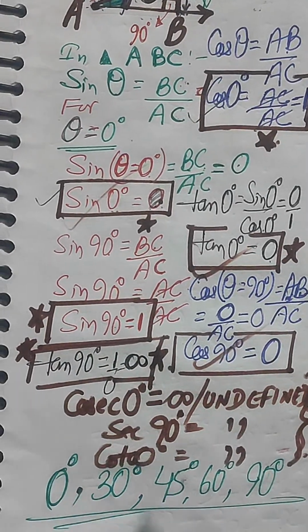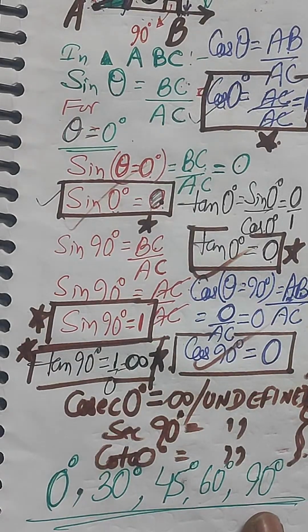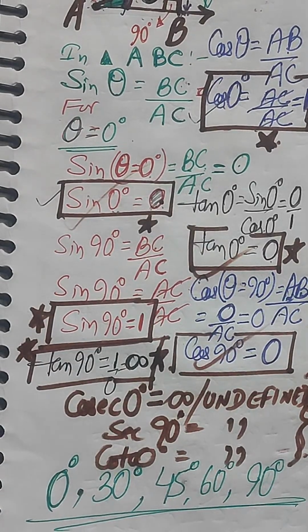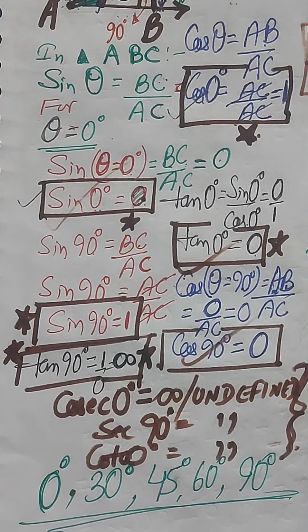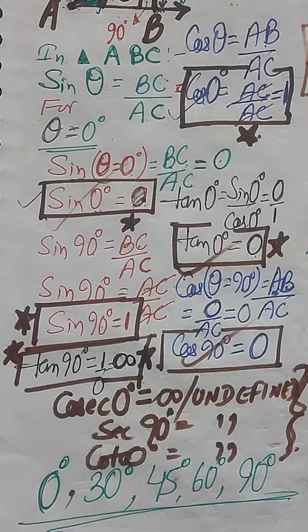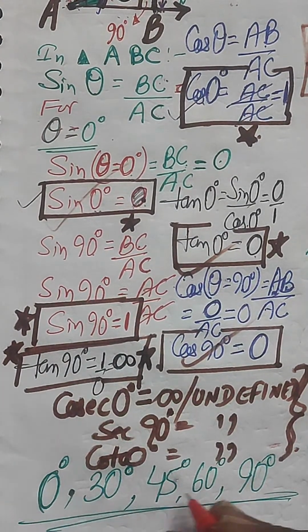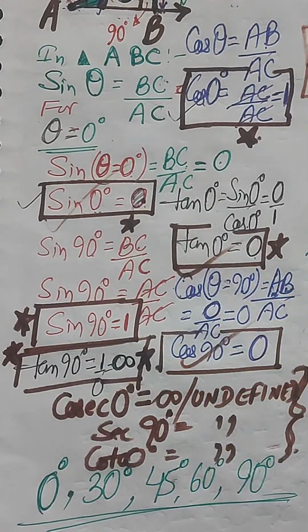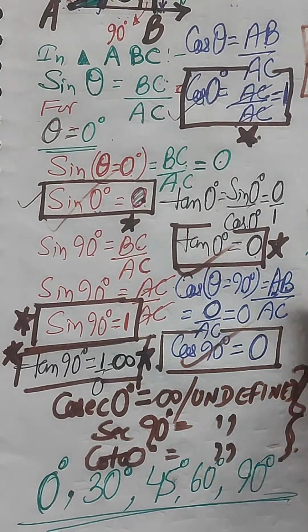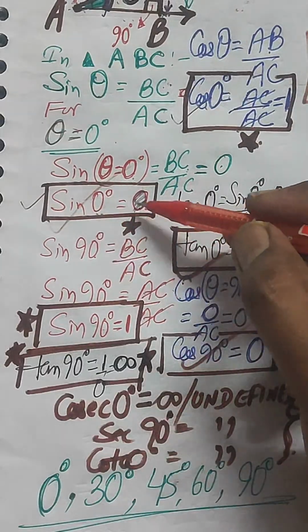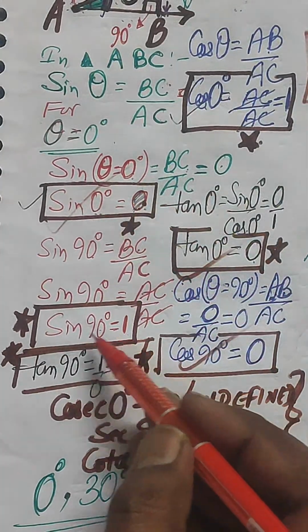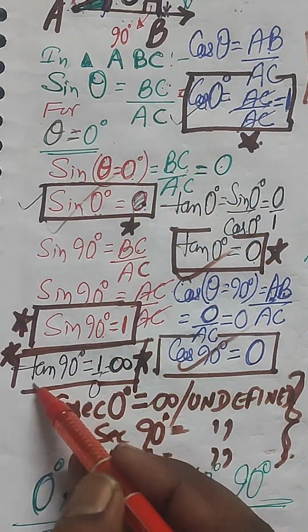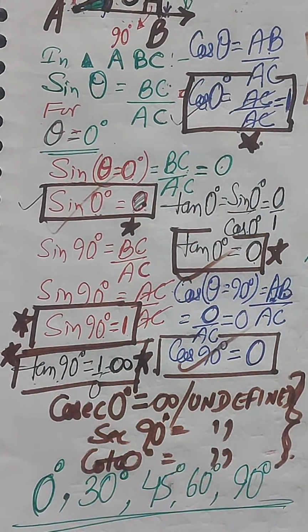Though most of us remember all these values, I've tried to explain how these values are coming. In today's session, I tried to explain how these different values come and why we use only these values, why we use 0 for sine 0, why we use 1 for sine 90, infinity for tan 90, like that, right students?